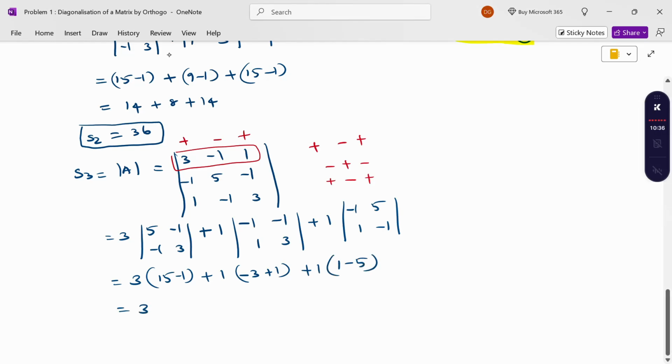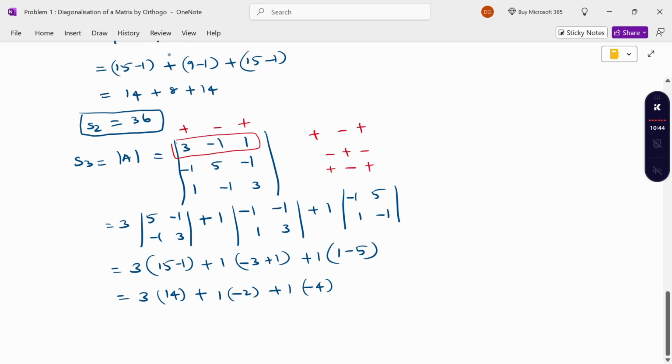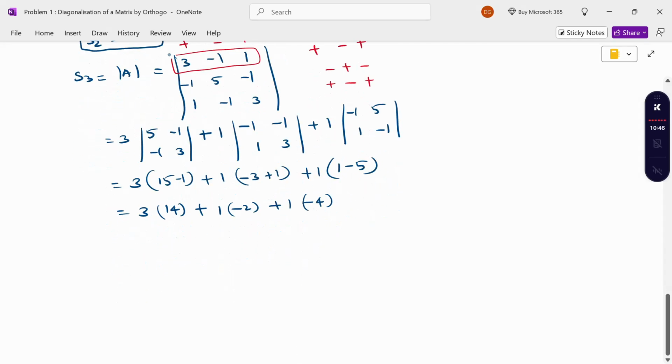Therefore 3 into 14, plus 1 into minus 2, plus 1 into minus 4. So 42 minus 2 minus 4 gives 36. S3 is 36.